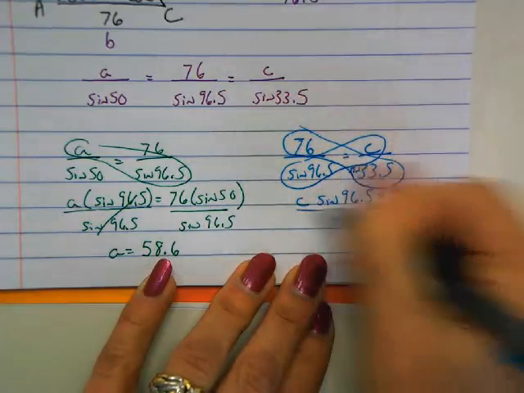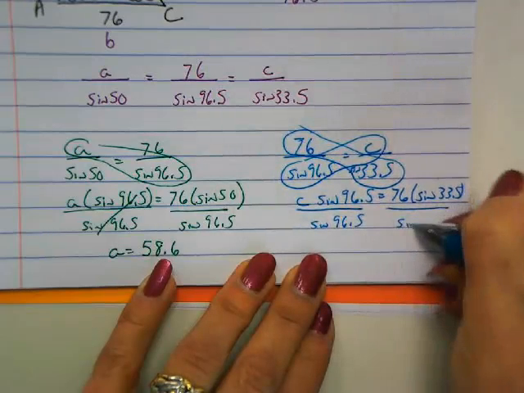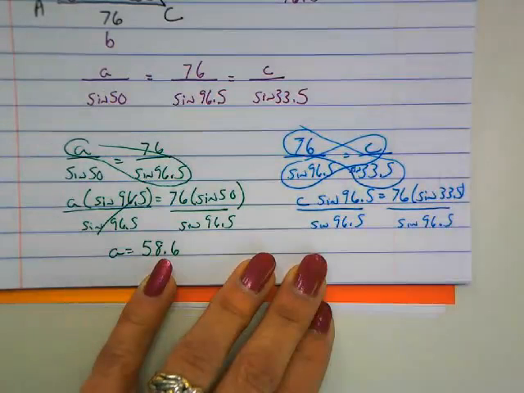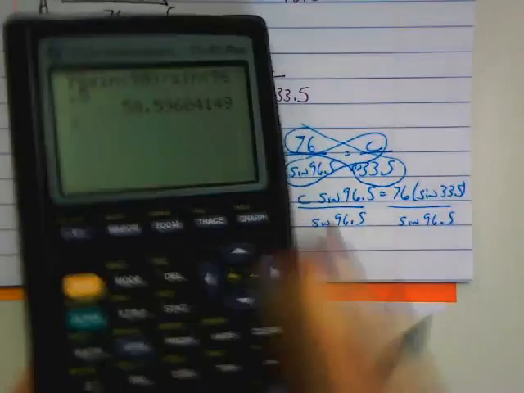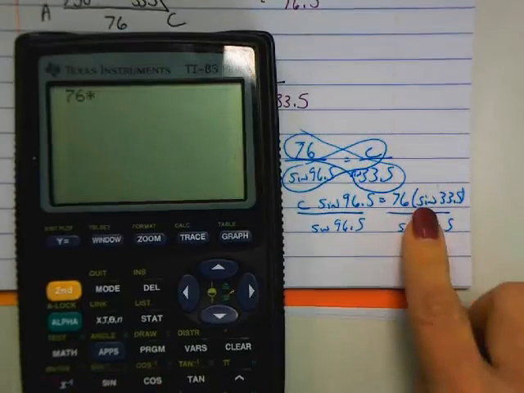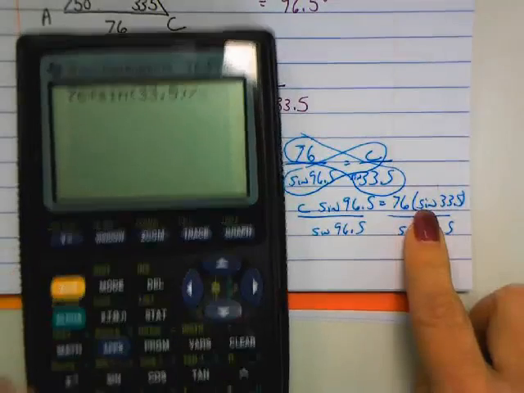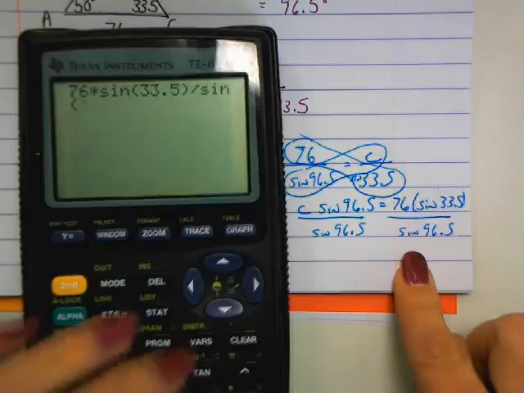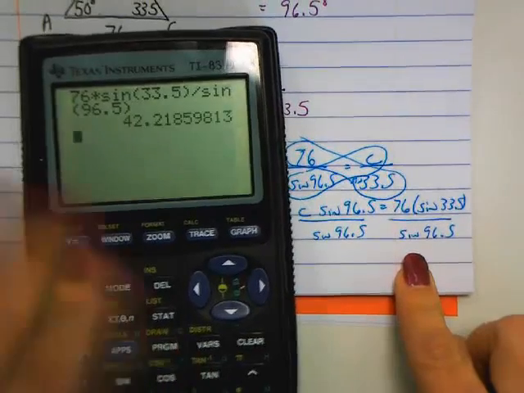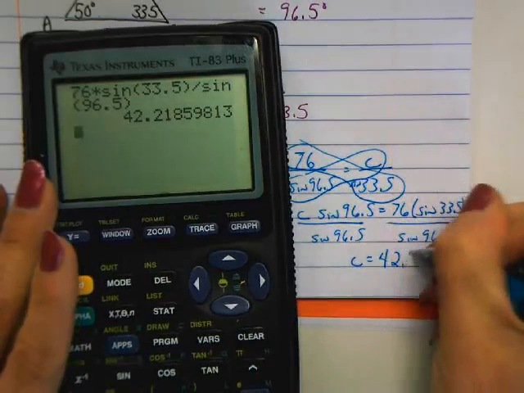To get c by itself, I divide by the sine of 96.5. So I'm going to type into my calculator 76 times sine 33.5, make sure you close that parenthesis, divided by the sine of 96.5. And I get that little c is 42.2.